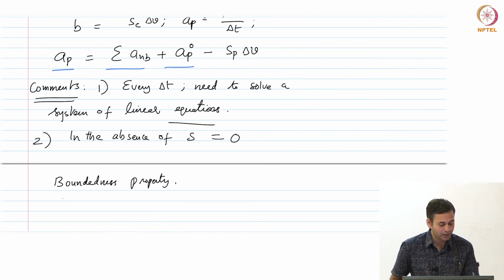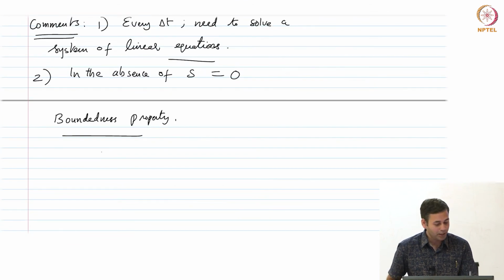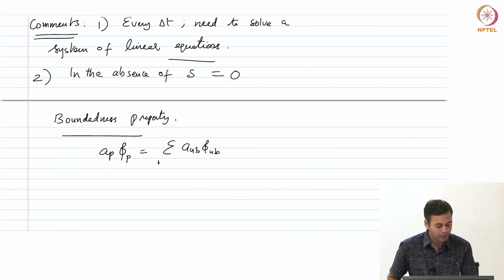So the boundedness property is now satisfied by this method, because now we are back to AP phi p equals sigma A nb phi nb, where NB goes from east, west, north, south and time, and AP equals sigma A nb, where NB goes the same way.